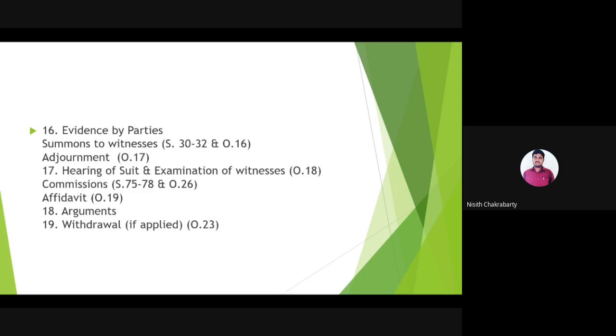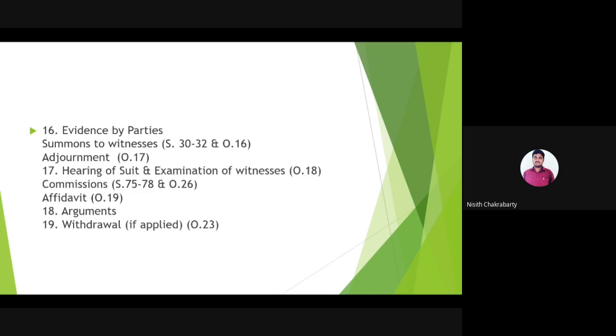Of course, the parties can give any document or evidence through affidavit, that is order 90. Then if there is any argument that has to be advanced by the parties, those can be supplied.